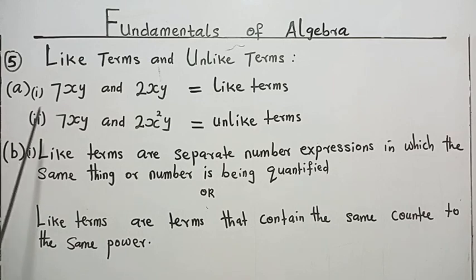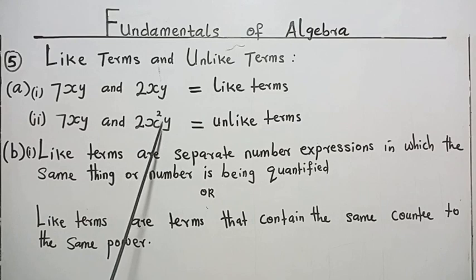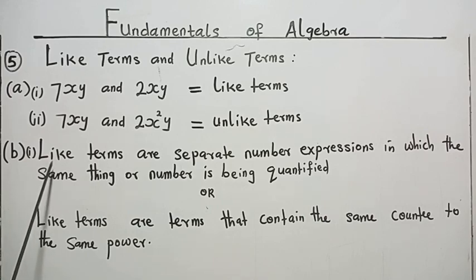Now compare it with this second one, 7x and 2x squared y. They are unlike terms. Let us again find out why they are unlike terms in the light of these two definitions. If you watch the first definition, you say they are separate number expressions.